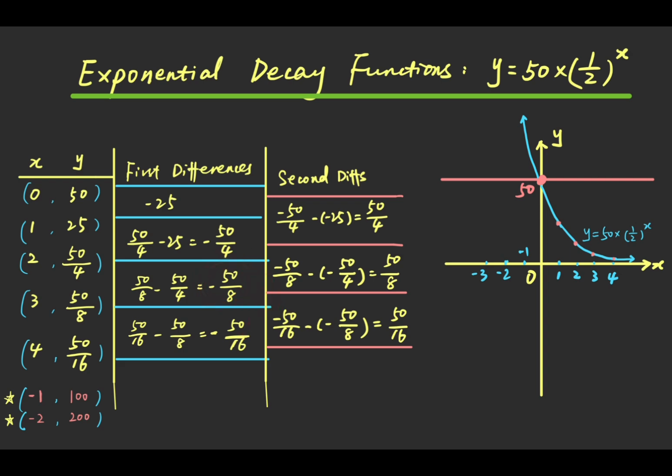Okay, if you use two successive first differences, you can figure out the second differences. That is, you use this number to subtract this number, and you will get this second difference. You continue this process. This number will be used to subtract this number, and you get the next second difference.